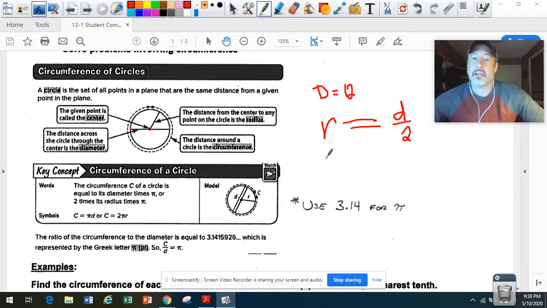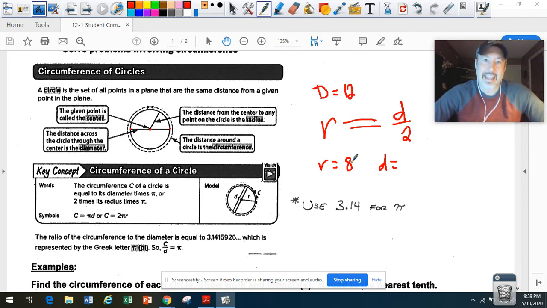Well, let me ask you this. What if the radius was 8? What would the diameter be? Well, we just go backwards. If the radius is 8, in order to figure out the diameter, we have to multiply the radius times 2. So that means if the radius is 8, the diameter is 16. We just doubled what the radius is.